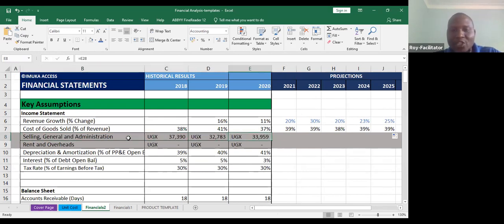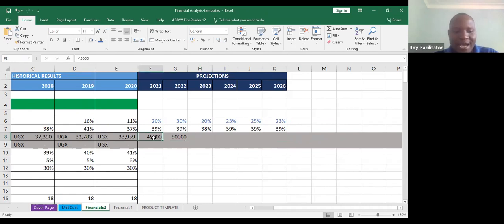On operational costs, these are fixed. So usually the assumption is you have a budget, that is salaries, my marketing budget, whatever. So here I'm just going to say my budget is going to be 45,000. Here I'll say it will go to 50K. Because I'm inputting here, I'm hard coding, I'll put this in blue.